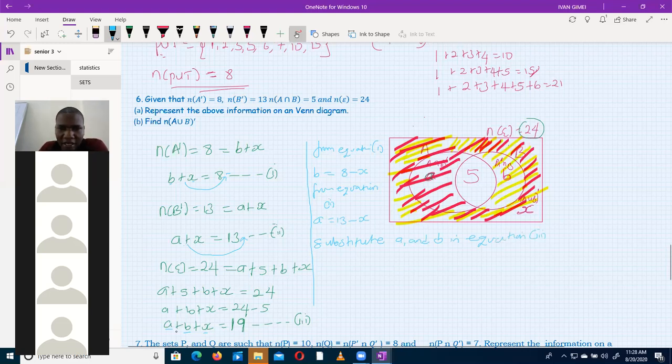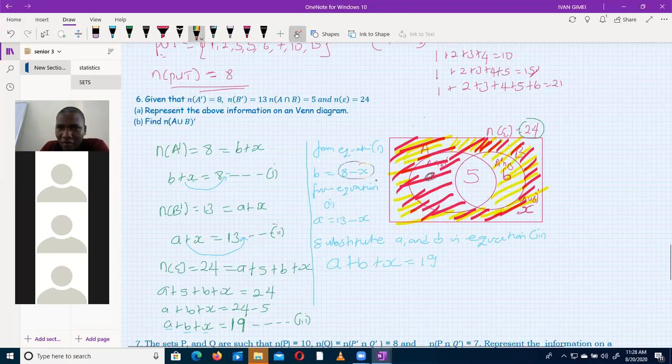So where there is A, I'm going to put 13 minus x. Where there is B, I put 8 minus x, because my equation 3 is A plus B plus x equals 19. Now what I'm saying in simple terms: we carry the whole of this and put it where there is B here.